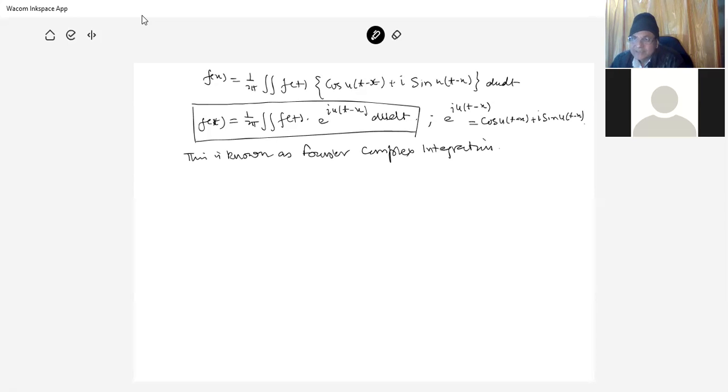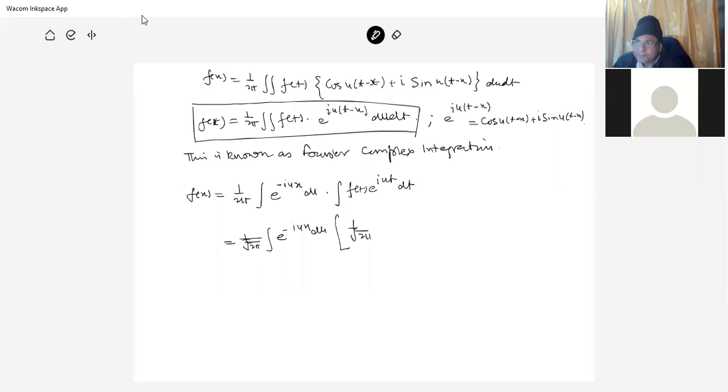Now in this Fourier complex integration, f of x can be written as 1 by 2 pi, integral e raised to the power minus iux du into the integration f of t e^(iut) dt, or 1 upon root 2 pi, e^(minus iux) du, then 1 by root 2 pi, integral f of t e^(iut) dt.